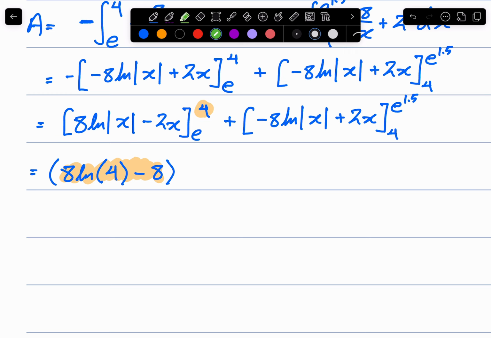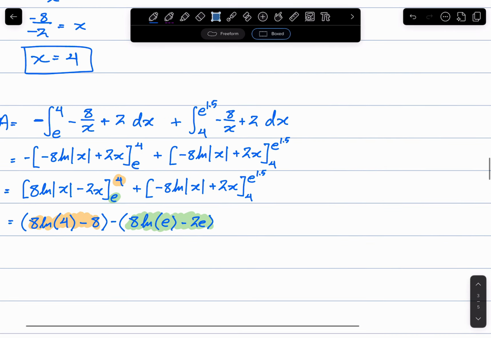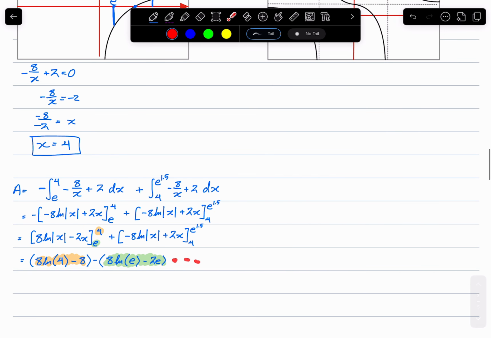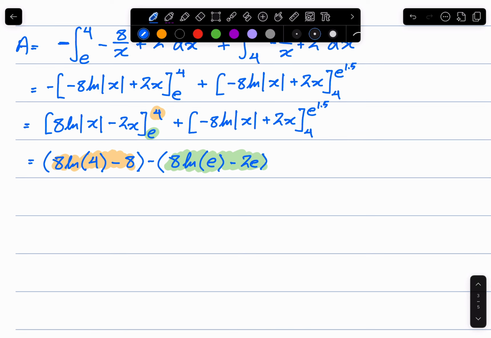And now I'm going to substitute just e. So minus the substitution of 8 ln e minus 2e. So all of this is the substitution of e. I'm going to simplify that later. I've practiced this, and if I try and substitute these two in, I'm going to cross over here, so I'm going to take a second line and get that plus.